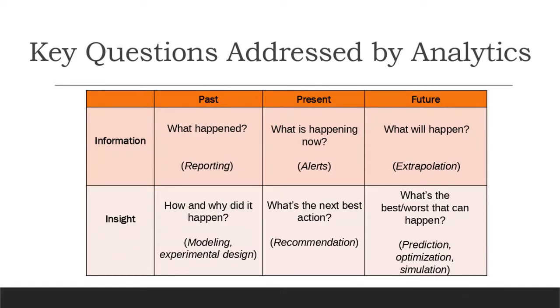That means events already occurred and they were captured as data. And when we look at the past, we can understand what happened after we manipulate the data. The information that comes out of it can inform on what happened in the past. That means we can have reporting tools that inform towards that.